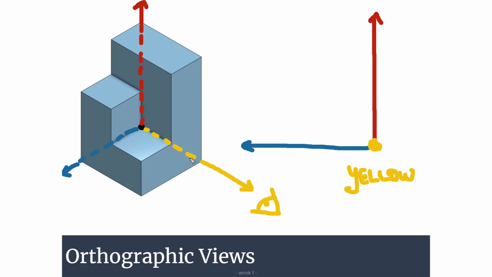And so if we're looking down the positive, the actual arrow itself, right, I would say that this is a positive yellow view, right? Much like it would be the positive x-axis versus the negative x-axis, for instance, right? So we've got our positive yellow view. The yellow axis is pointing towards us. Red and blue are pointed up and to the left, respectively.